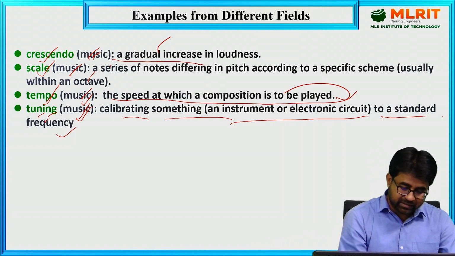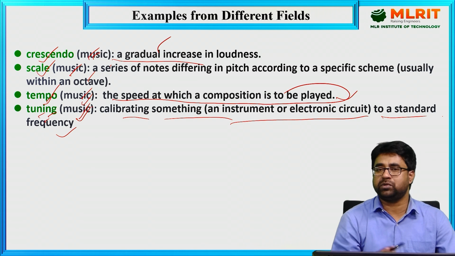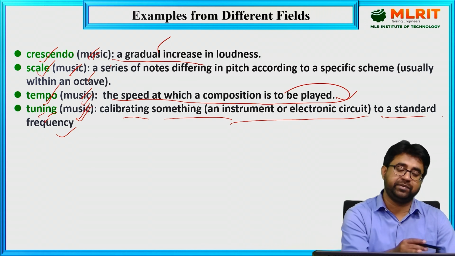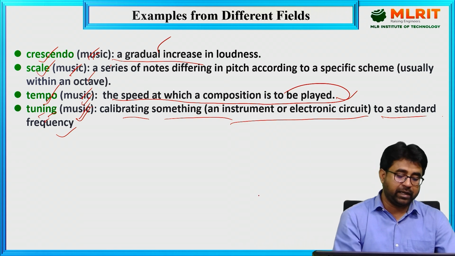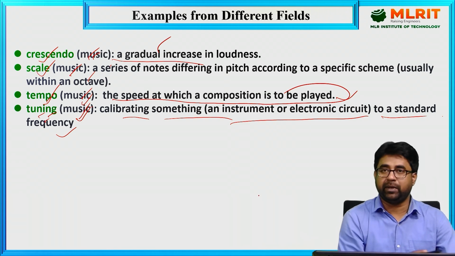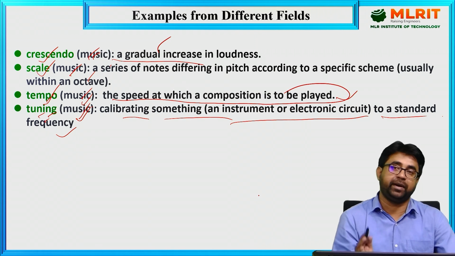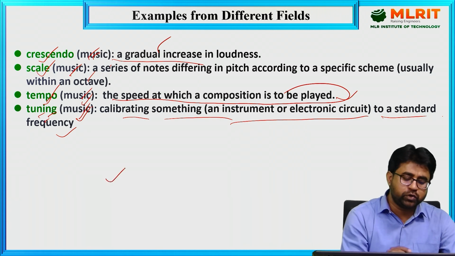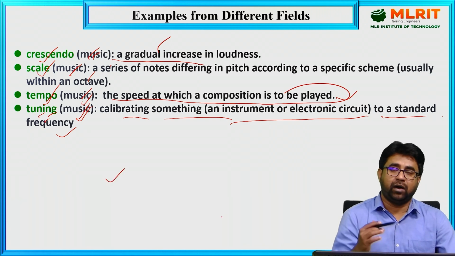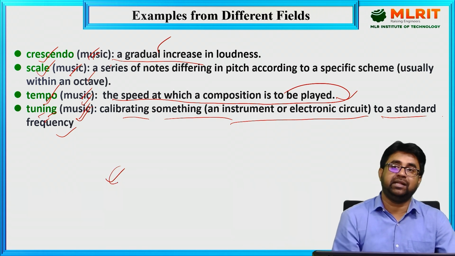So in such a way, there are many examples of technical vocabulary. There are thousands of fields, right? And each field will have such technical vocabulary. I just gave a few sample examples. You can always search on Google and get a more detailed list of technical vocabulary from different fields. So you should try to compile a list pertaining to the fields that are useful for you.